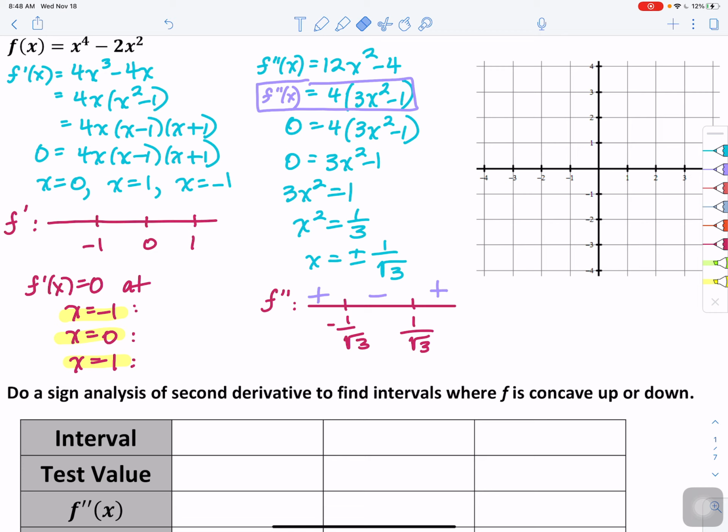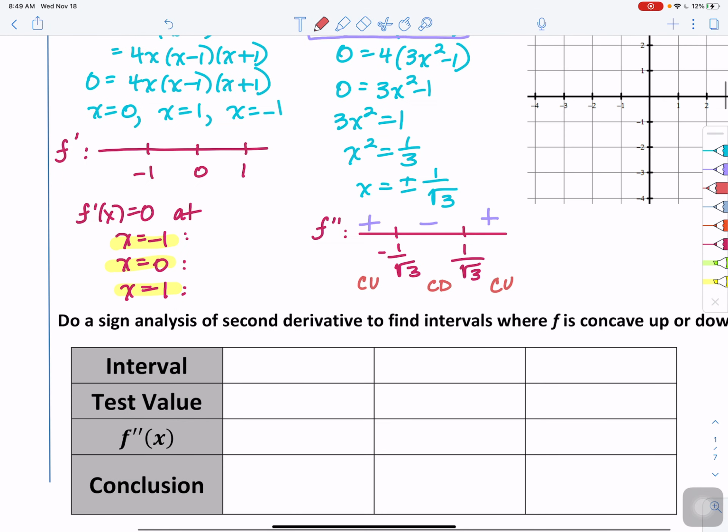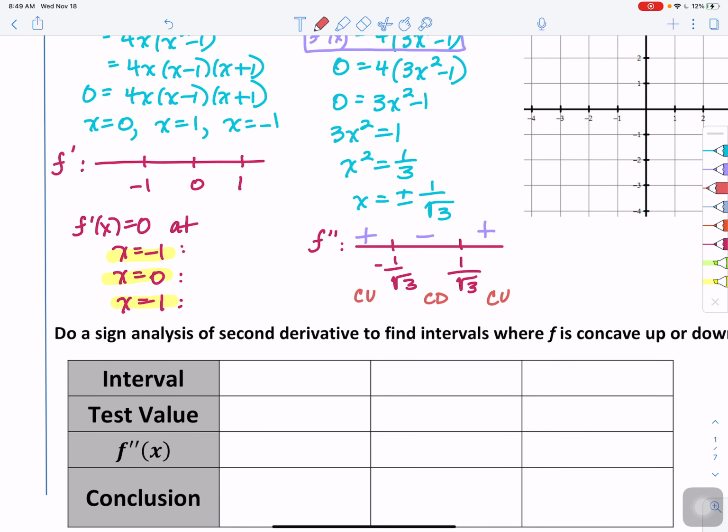So now what do we notice? We notice that we're concave up here, concave down here, and concave up here. So that's what we have to look at for our locations. So at x equal to -1, which would be right out here, we are concave up. So at x equal to -1, we're concave up, so we have a relative min, since concave up.